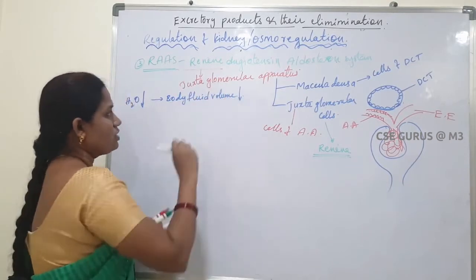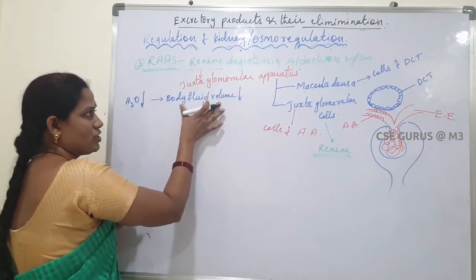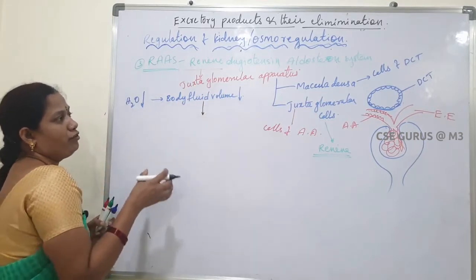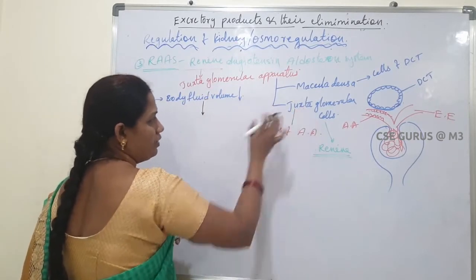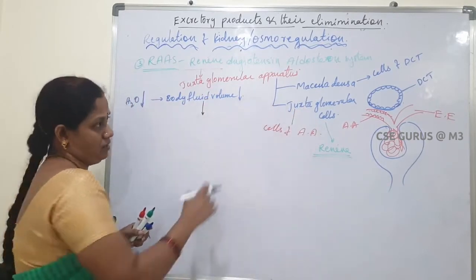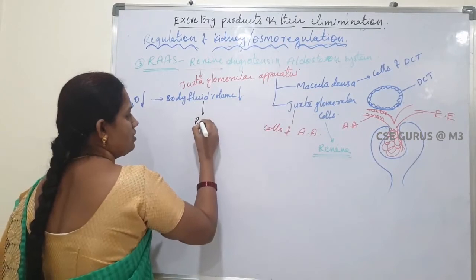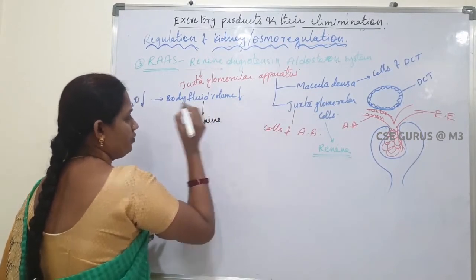In this situation, whenever the body fluid volume is decreased, the situation is identified by the juxtaglomerular cells. These cells secrete the renin enzyme.